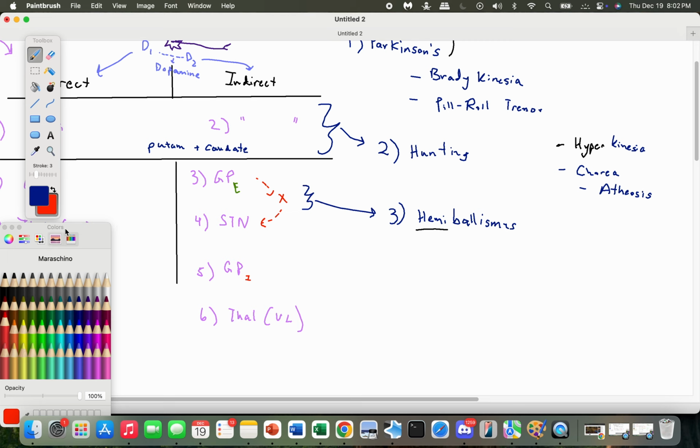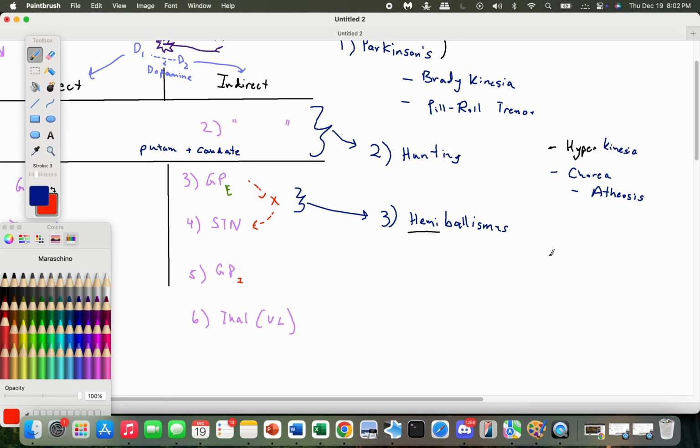So hemiballismus has a pathophysiology that occurs due to inflammation or vasculitis of perforators which go to the subthalamic nucleus, and it's also associated with toxoplasmosis in immunocompromised patients. So let's just write that out.